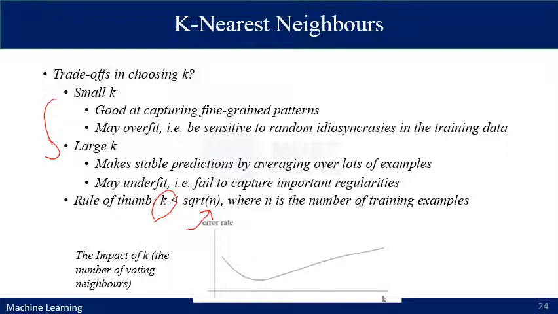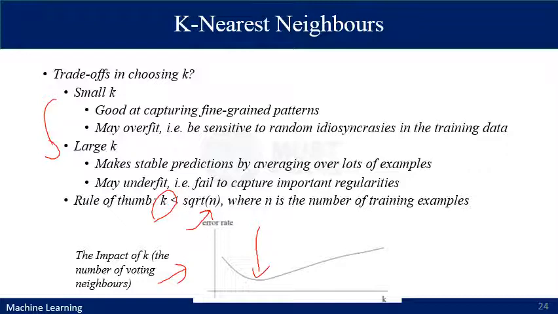This diagram represents the error rate, the impact that k, or the number of voting neighbors, has on the training set. As you can see, if you increase k, the error rate decreases significantly.